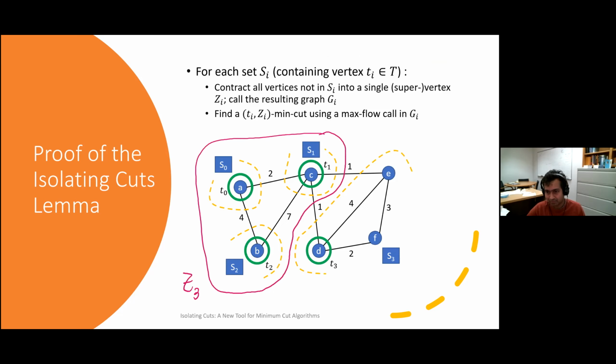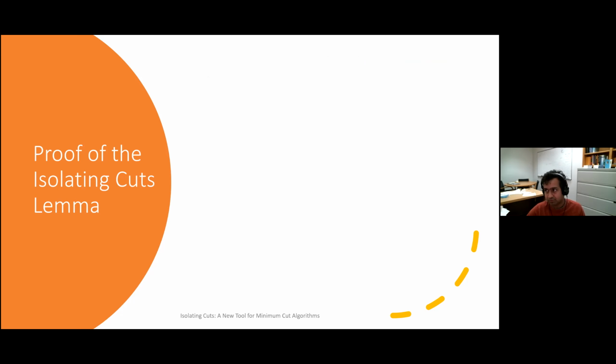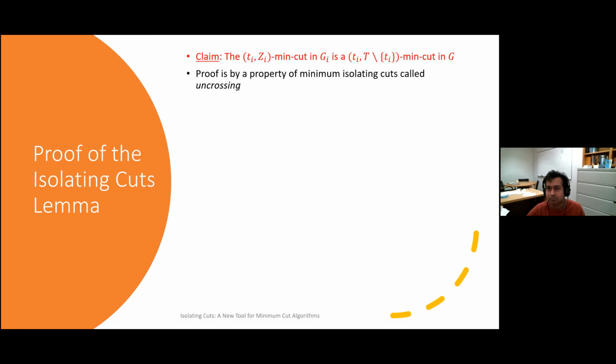If I got a minimum cut between T3 and Z3, that certainly separates T3 from T0, T1, and T2. So that is a valid isolating cut. But is it the minimum one?